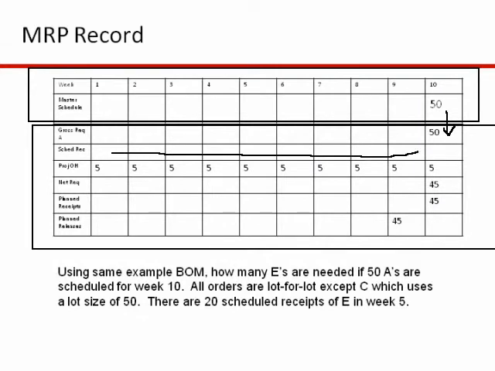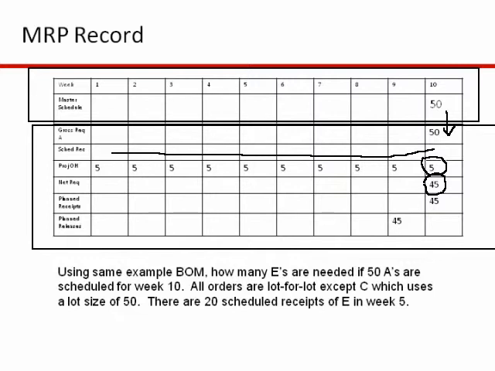Now, we weren't given any scheduled receipts, so there's really nothing that we've ordered or started making already that's not done. But we do know that we have 5 on hand. So again, our net requirement is the same as what we just did in that one example. It's going to be our gross minus our on hand. So we have a 45 net requirement of A's that we either need to make or order.